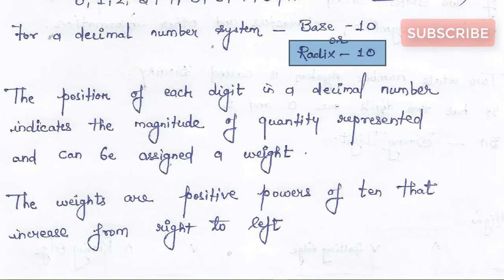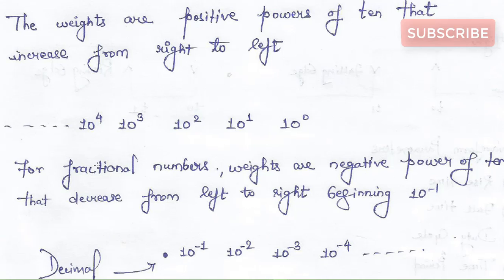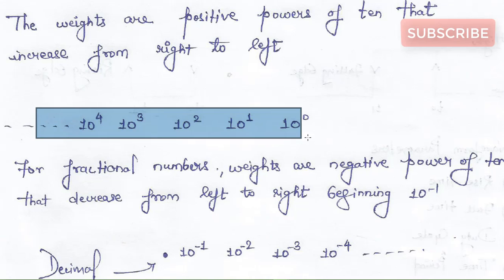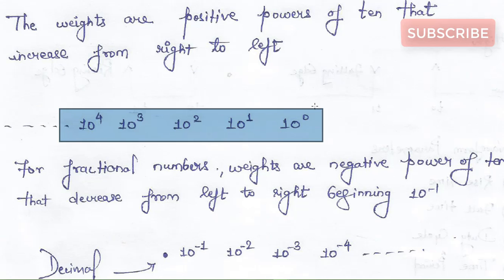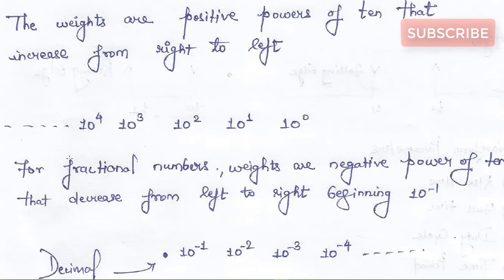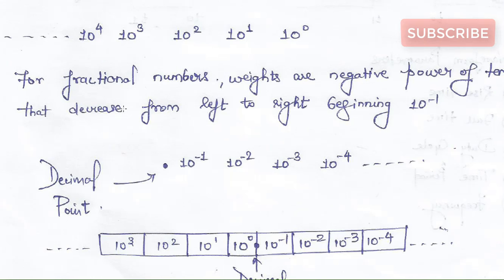That increases from right to left. 10 to the power 0, 10 to the power 1, 10 to the power 2, 10 to the power 3, 10 to the power 4, increasing from right to left.